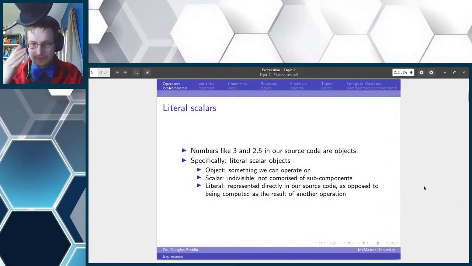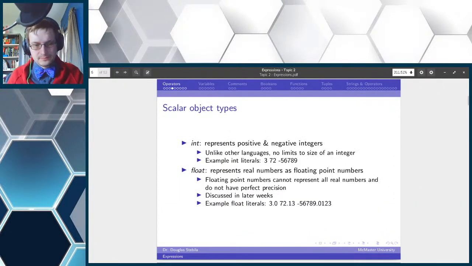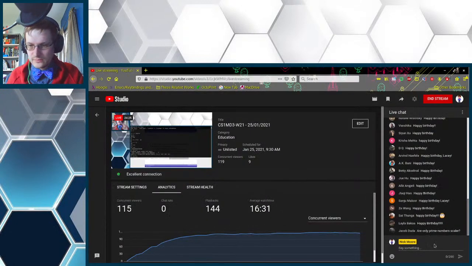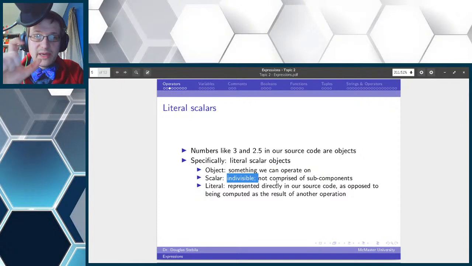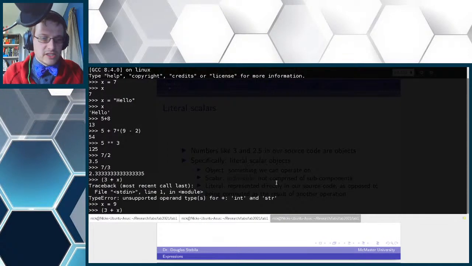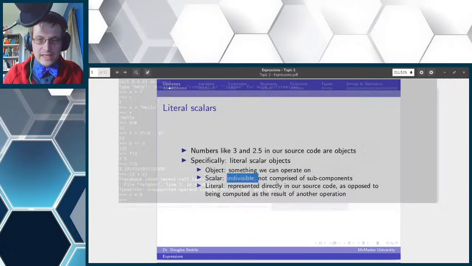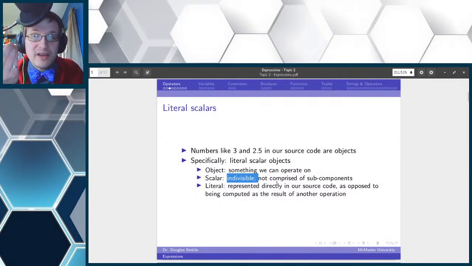Hopefully I'm not belaboring the point. Let me see if there's any questions. Are only prime numbers scalar? No. Any number is scalar. When it's talking about divisibility here, it's not talking about algebraic divisibility. The number 9 is divisible in a numeric sense.